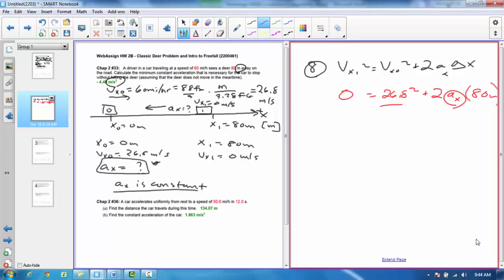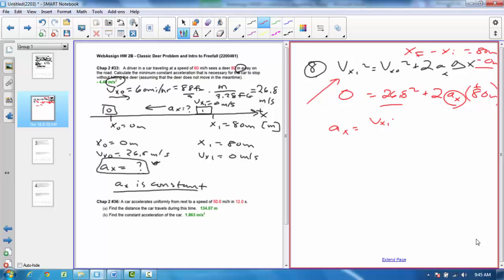Is delta x positive or negative here? What's delta x? It's x final minus x initial. Our x final is 80 meters, our x initial is 0 meters, so that is positive. So when we work this out, if we just solve this for acceleration, ax equals what?